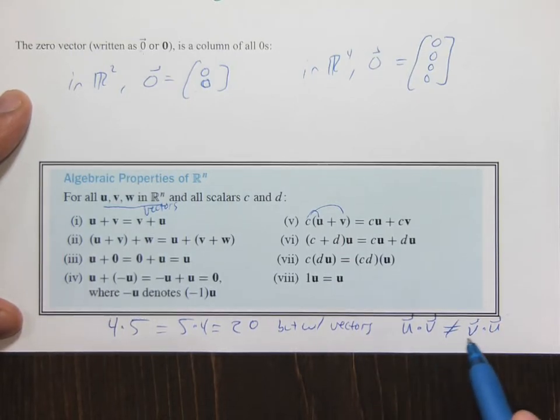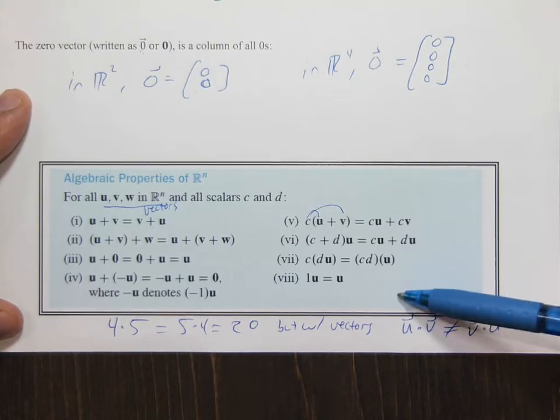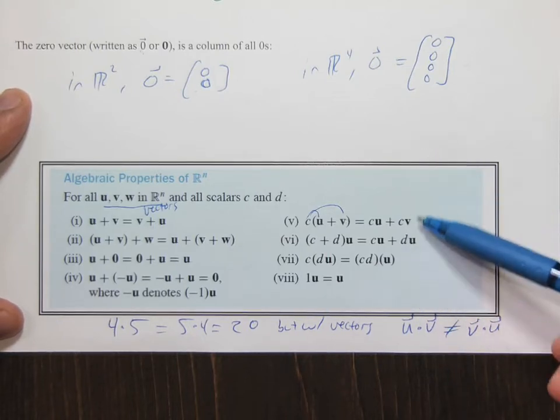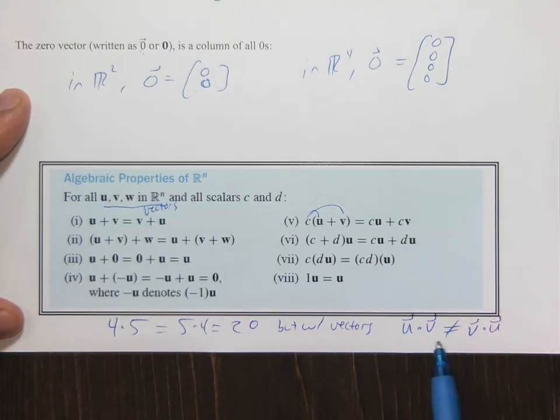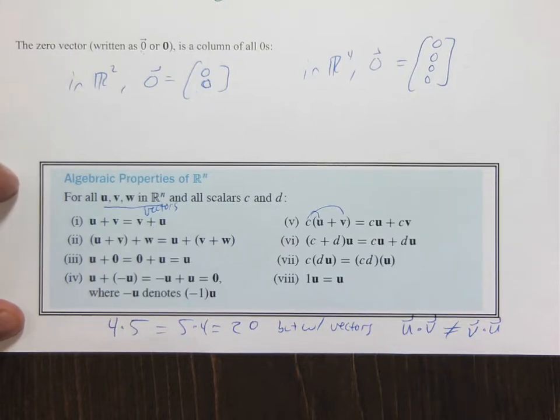Okay, so we'll see more on this later, but that's the thing I wanted to point out that's kind of missing from these properties: you can't change the order of multiplying vectors. Multiplying vectors is much more complicated than multiplying numbers. We'll see that in some subsequent sections, but that's what I want to point out so far.